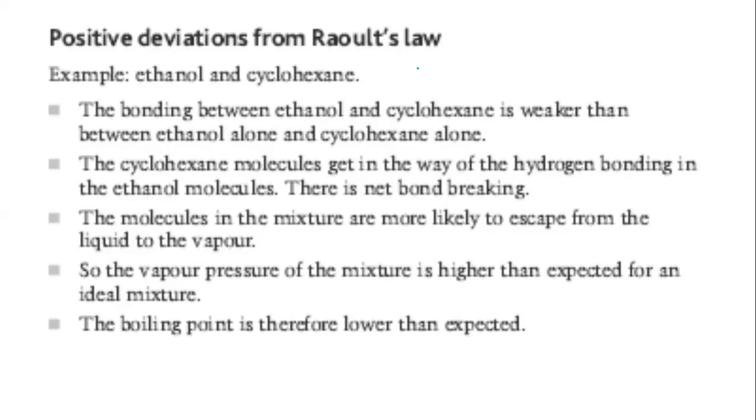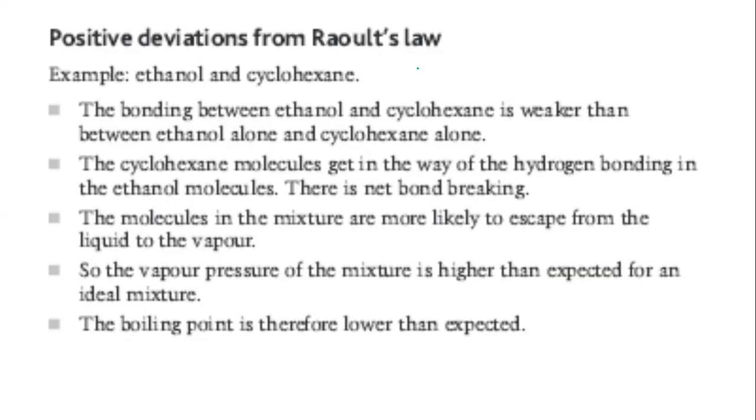Now, let us look at a mixture of ethanol and cyclohexane. The bonding between ethanol and cyclohexane is weaker than the bonding in ethanol alone and cyclohexane alone. The molecules in ethanol have hydrogen bonding, and the molecules in cyclohexane have van der Waals forces.